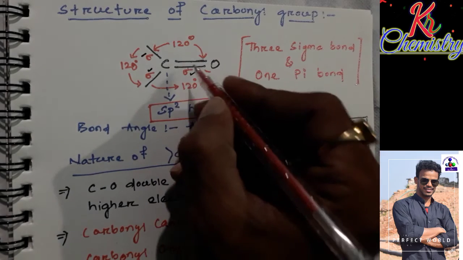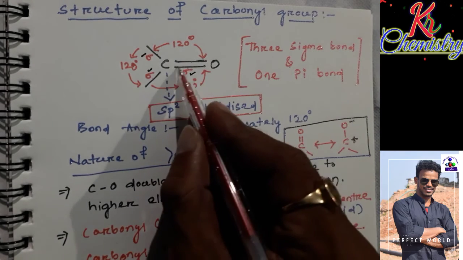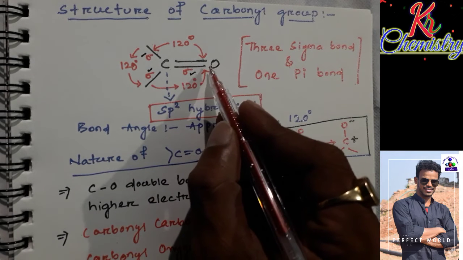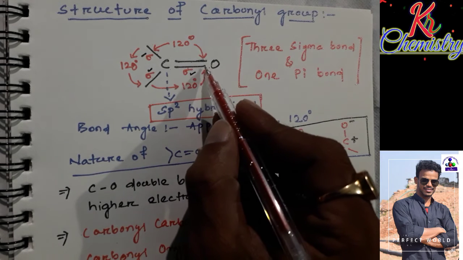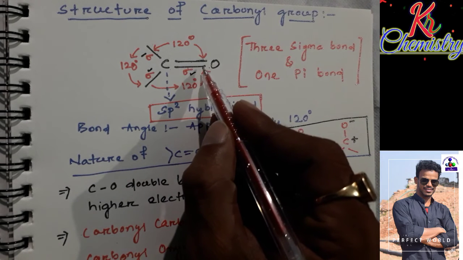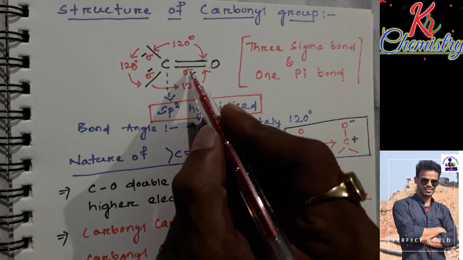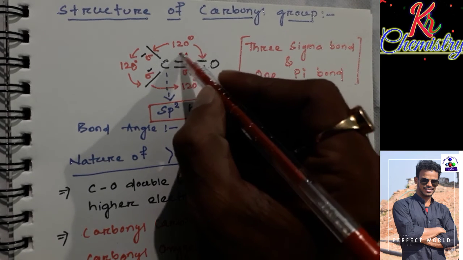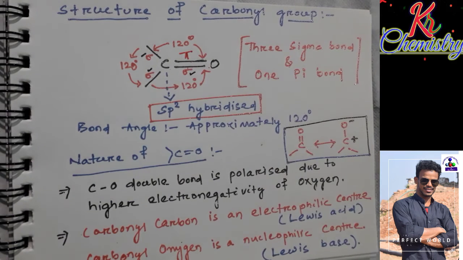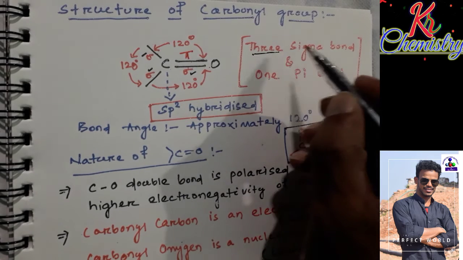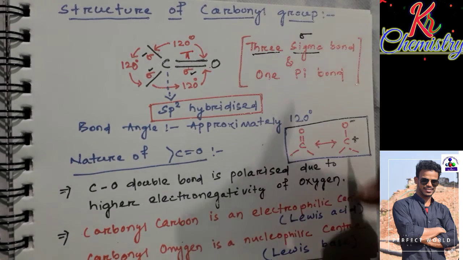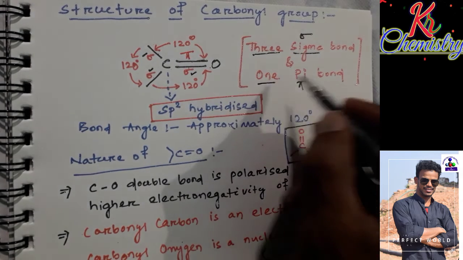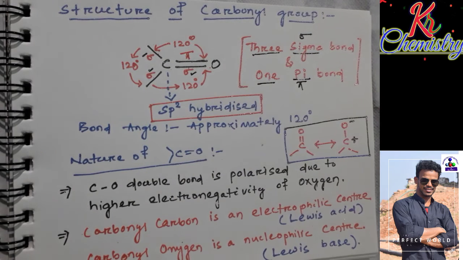As there is p-p overlapping, one p orbital overlaps along the nuclear axis and forms a sigma bond, and another p orbital overlaps sidewise and forms a pi bond. So there are 3 sigma bonds and 1 pi bond.